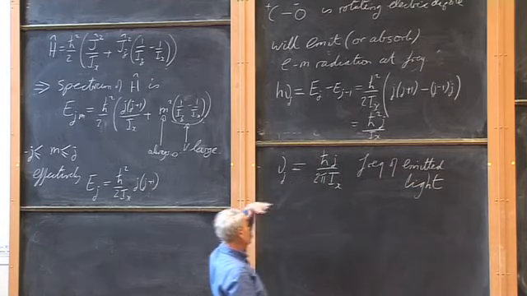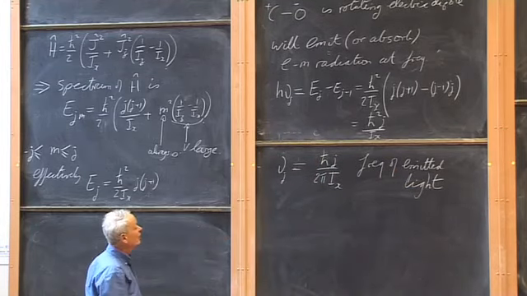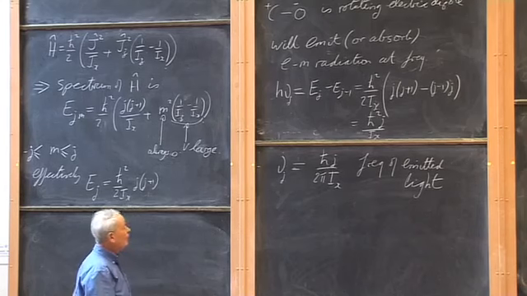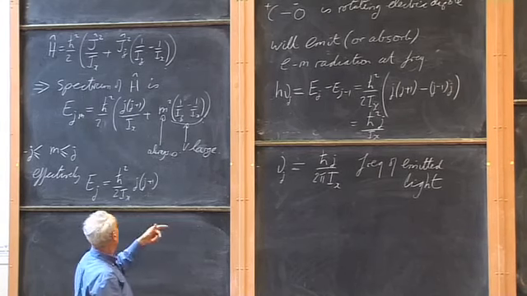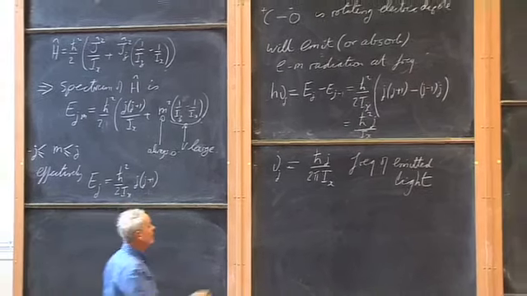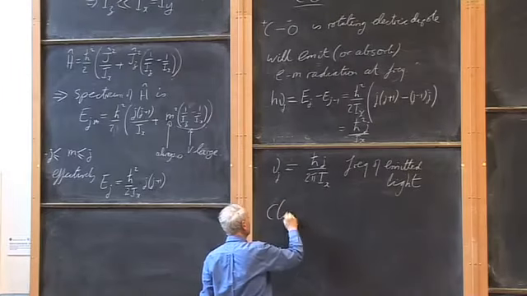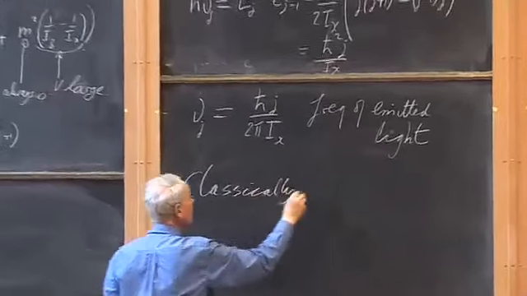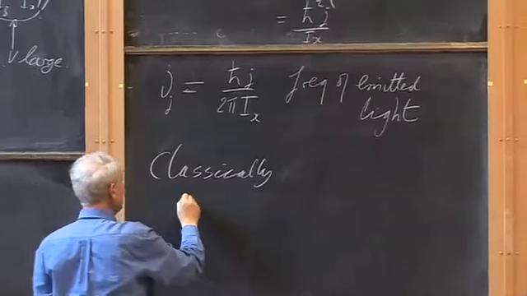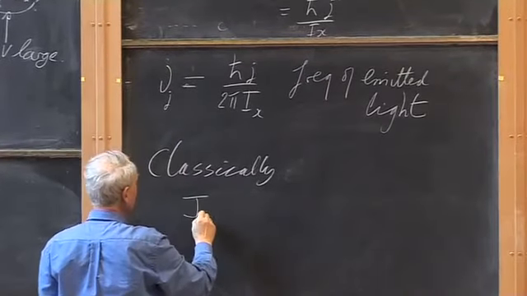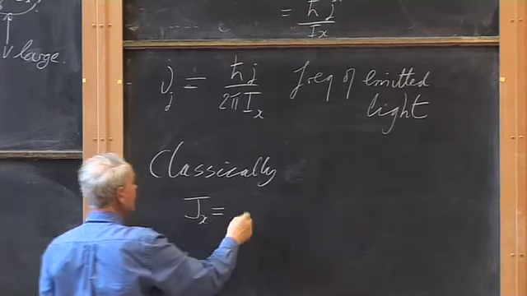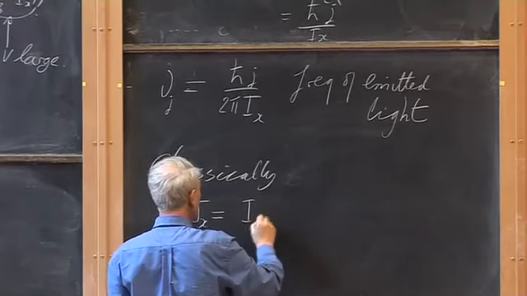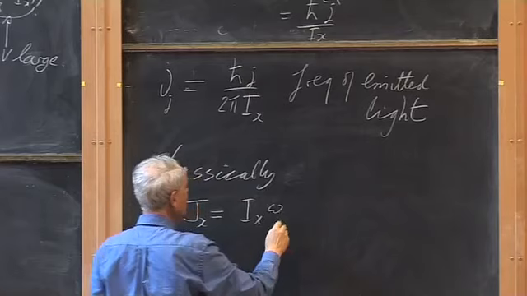Can we reconcile this with our classical picture? So how fast was the molecule going around? Classically, we can say that the angular momentum, J_x, is equal to I_x times omega.